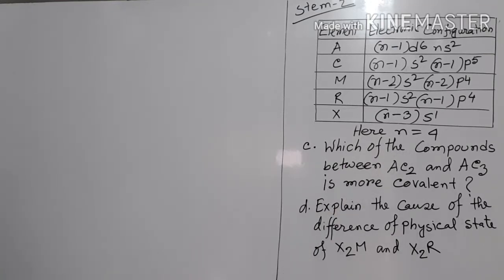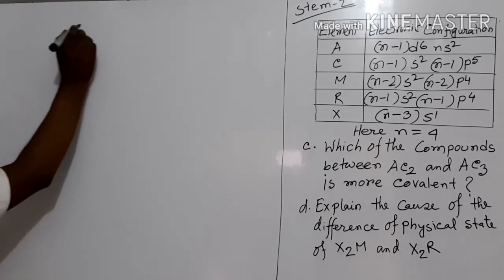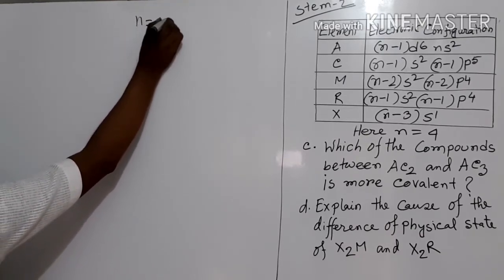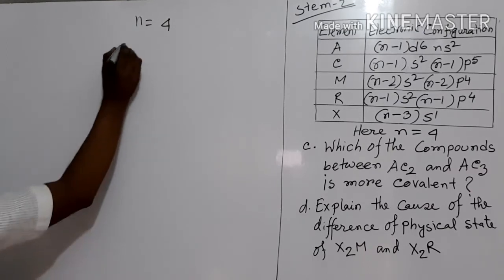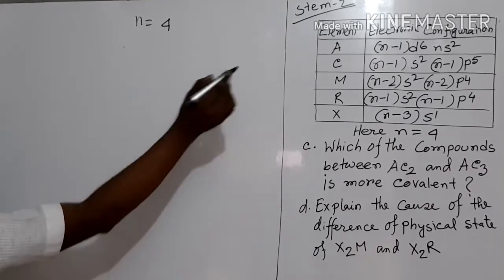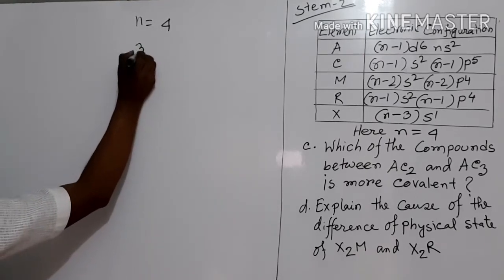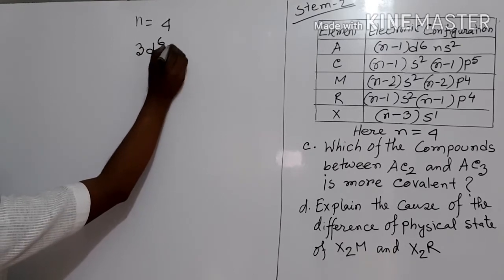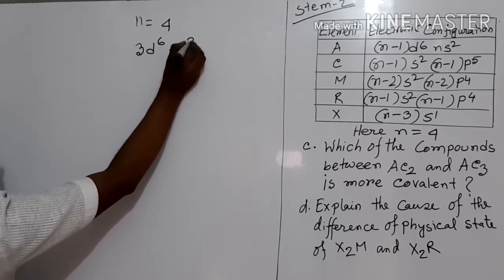So what is element A? If n equals 4, then n minus 1 is 4 minus 1, that means 3d6 and 4s2.